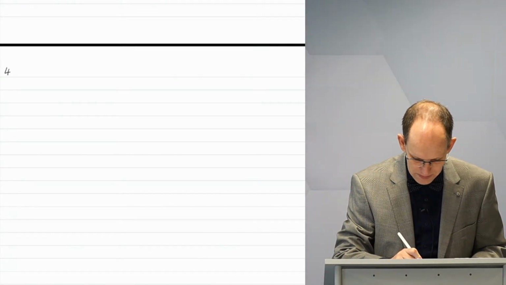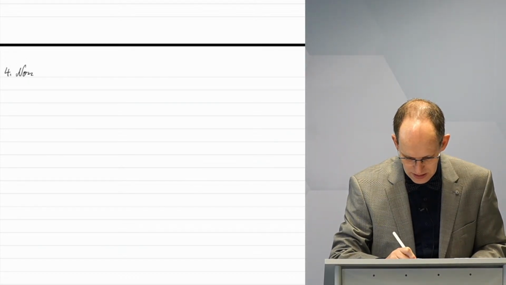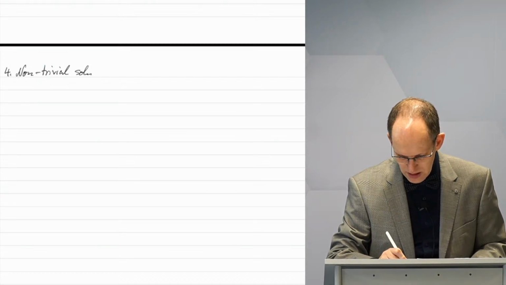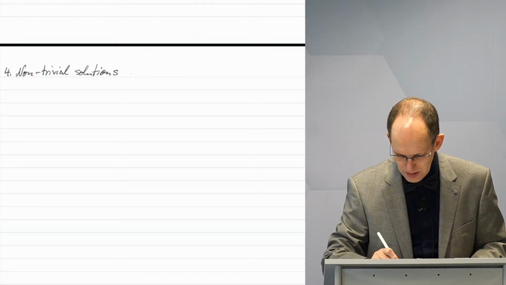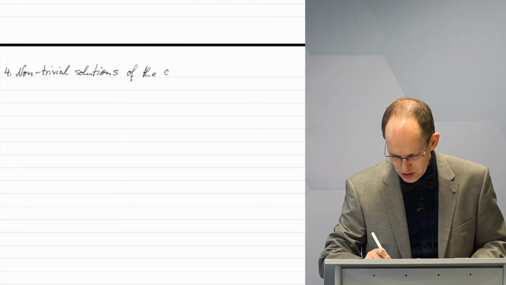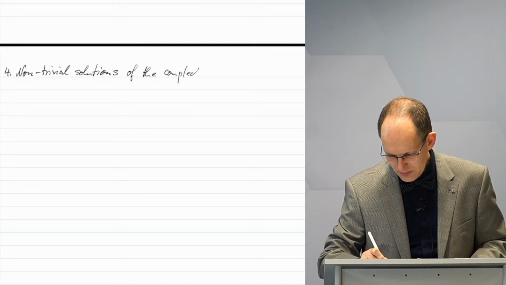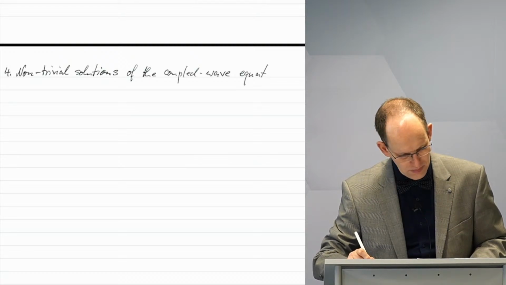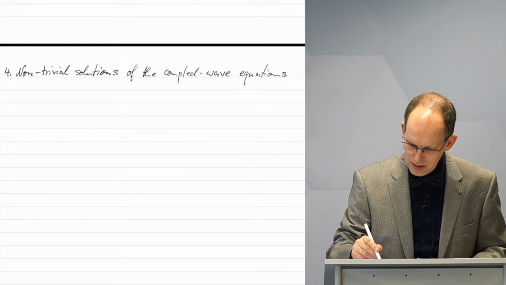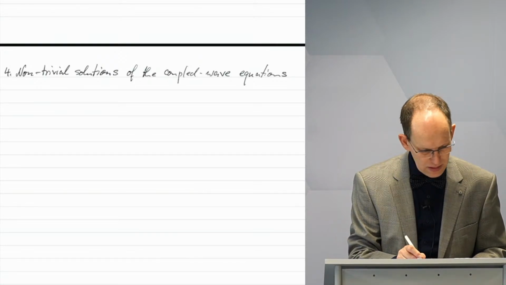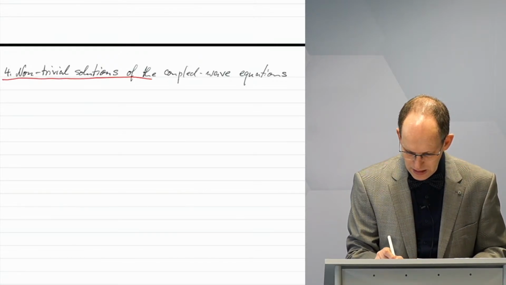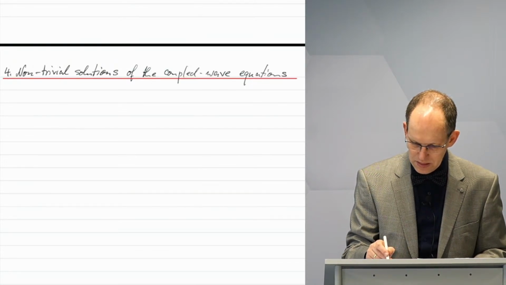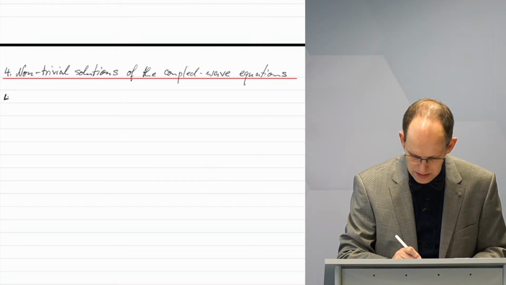So chapter 4, non-trivial solutions of the coupled wave equations. What we do here in particular is the so-called undepleted pump approximation, and this is what I want to introduce first.